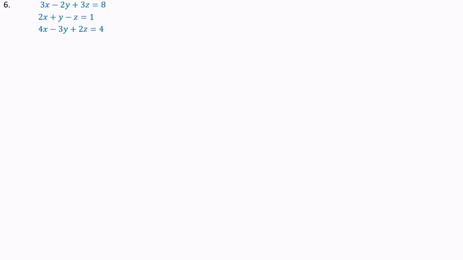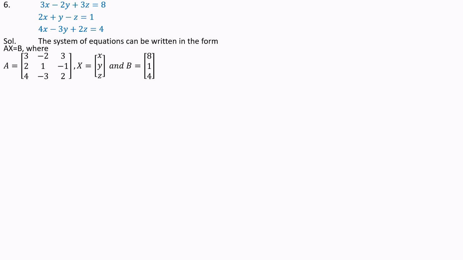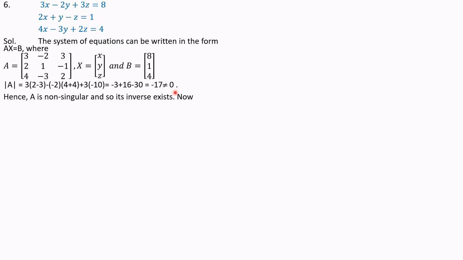So the given equations are written here. 3x minus 2y plus 3z is equal to 8. So therefore the system of equations can be written as usual AX equals B, and we can calculate the value of determinant A. Here it comes as minus 17, which is not equal to 0. Hence it is non-singular and so its inverse exists.